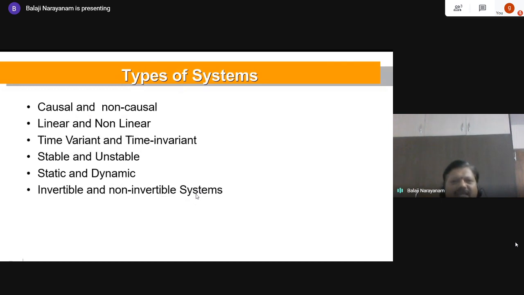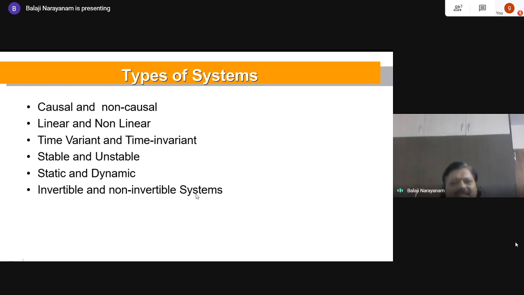Now, we can observe different types of systems: causal and non-causal, linear and non-linear, time invariant and time variant, stable and unstable systems, static and dynamic, invertible and non-invertible systems.